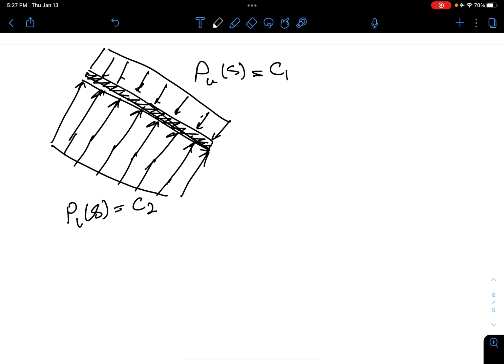The chord length is C, and as you can see here, P on the lower surface is larger than P on the upper surface.